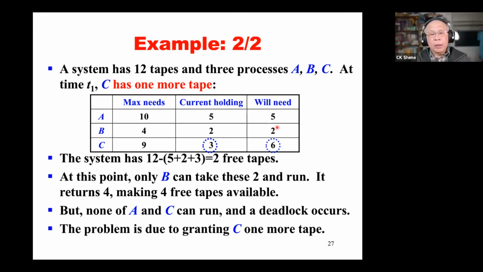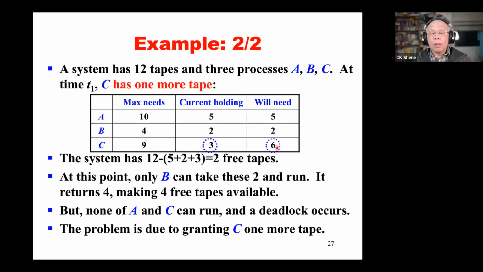But A needs 5, and C needs 6. So A cannot run because its need is larger than what the system has available. We cannot run C either, because C needs 6, and we only have 4.